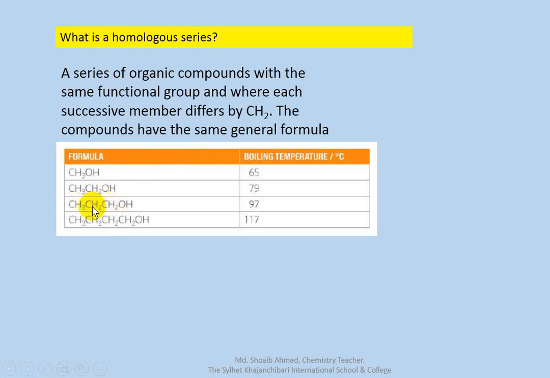The compounds have the same general formula. A series of organic compounds with the same functional group, where each successive member differs by a methylene group and which have the same general formula, is called a homologous series.